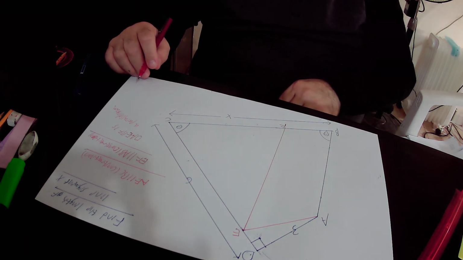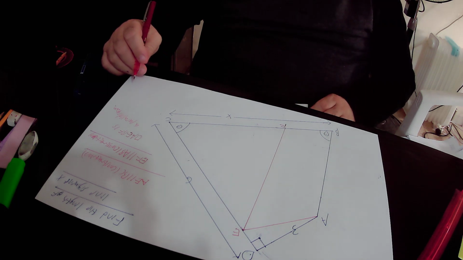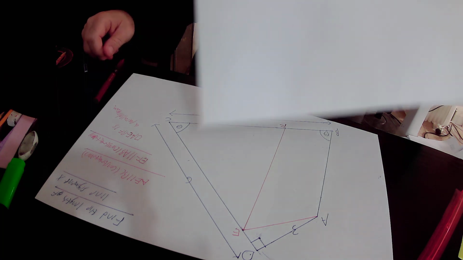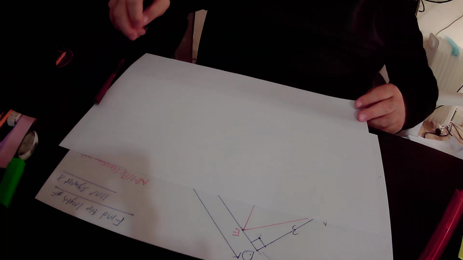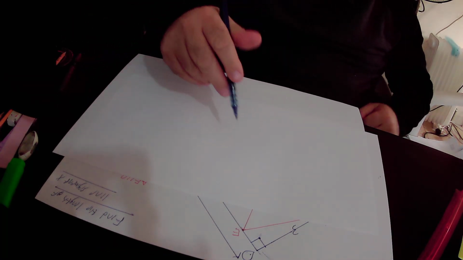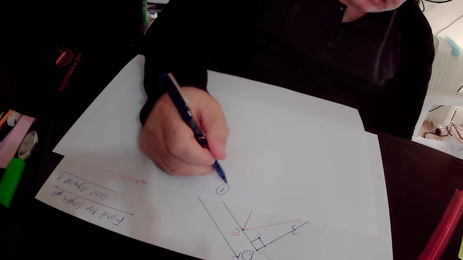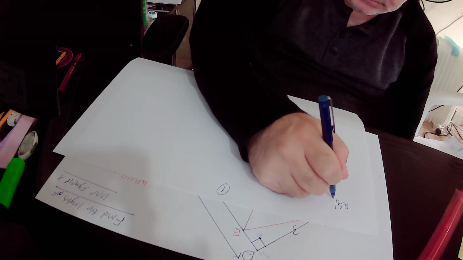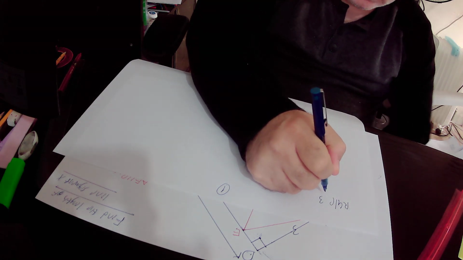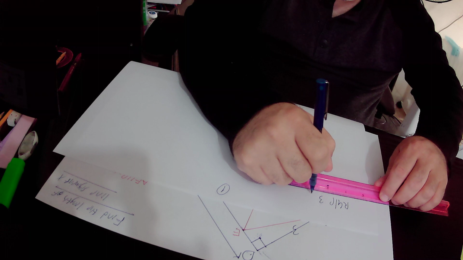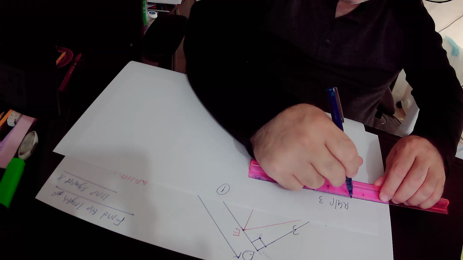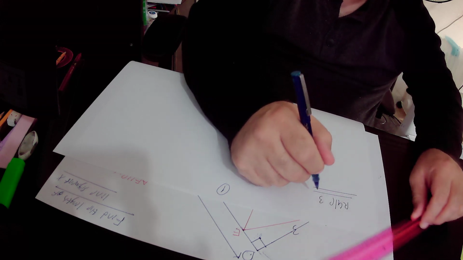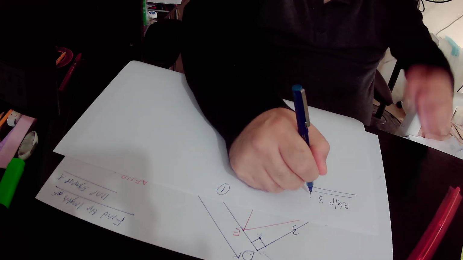In the first step, I will present to you a new rule that is actually rule number 3. According to rule number 3, corresponding angles between parallel lines are equal to each other. I'll write it down.